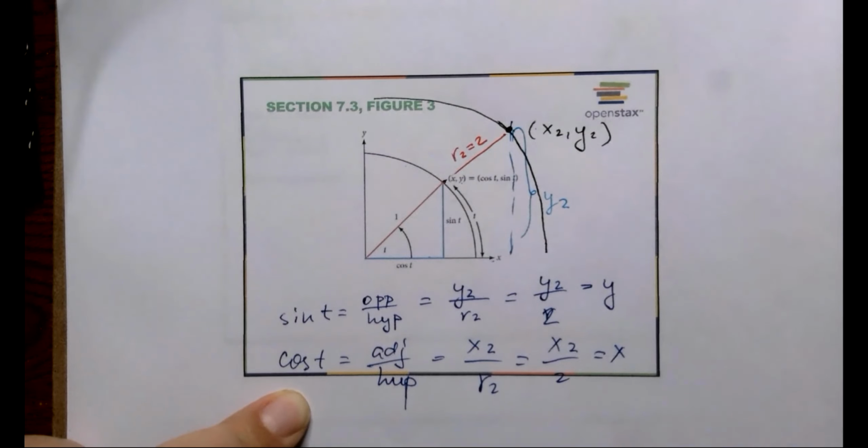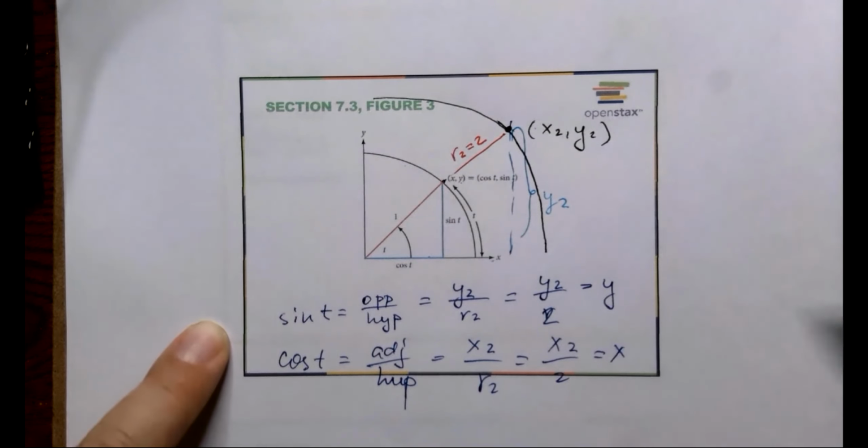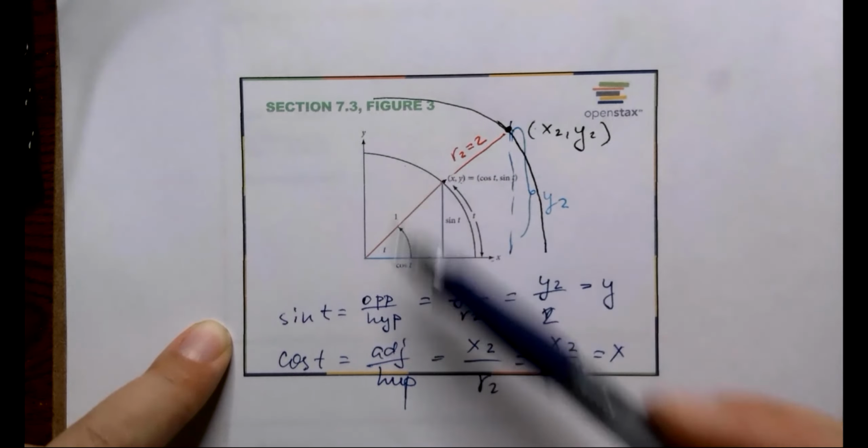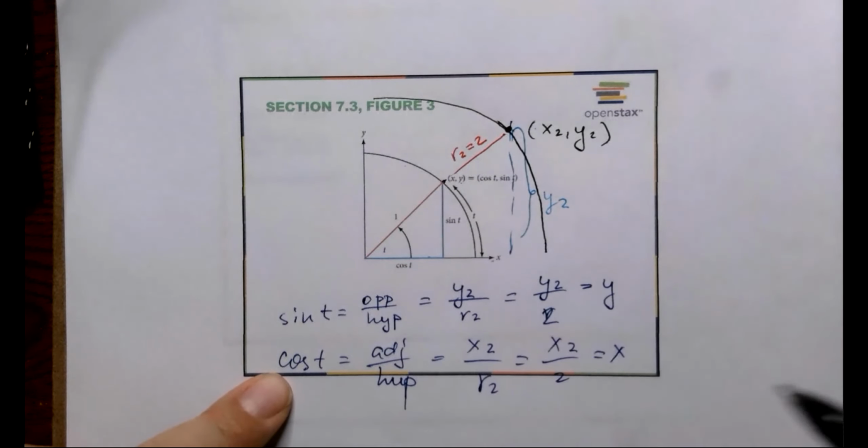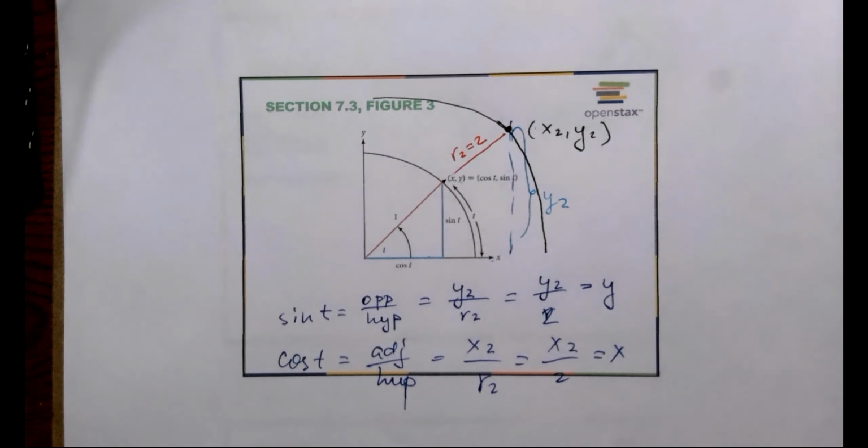All right, so that's why I'm saying that when you're using the unit circle, these functions are a little bit simplified because we don't have to worry about dividing by the hypotenuse, because the hypotenuse is always 1.